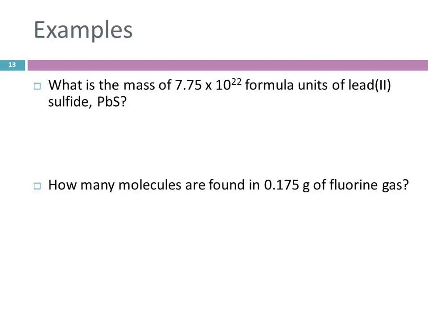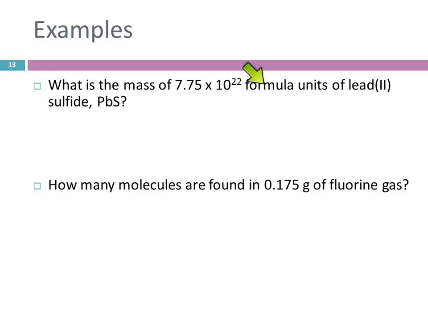What's the mass of 7.75 times 10 to the 22nd formula units of lead(II) sulfide, PbS? Remember, formula unit is the word we use instead of molecule for ionic compounds, because they don't technically have molecules.